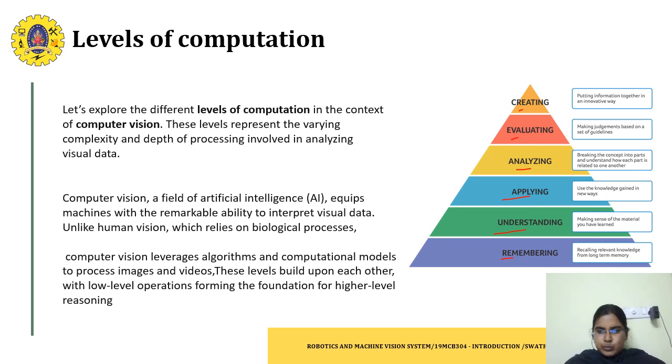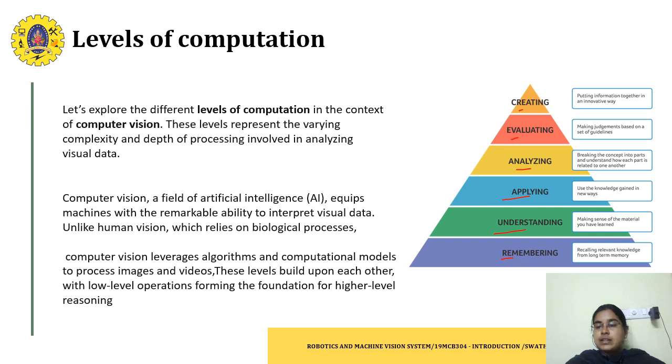So how is the Bloom's taxonomy we have in the curriculum related to this? Before getting into machine vision, we have to get ready with the knowledge we have gained. That is remembering. We have to understand the theory and make sense of it according to our application. After having that correct sense, we are going to apply it.